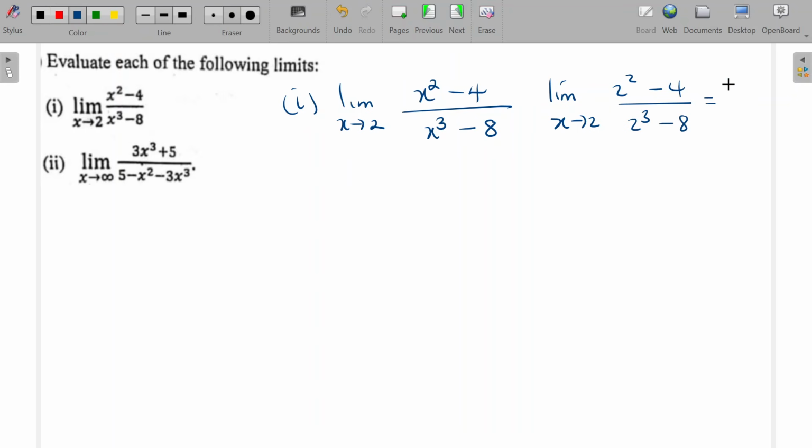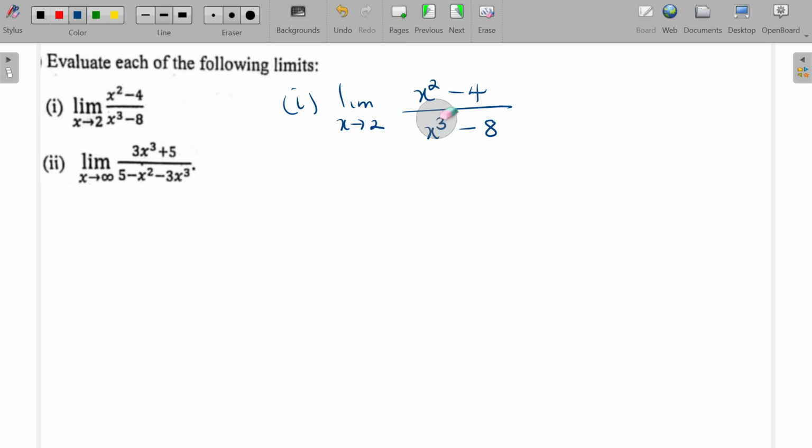And this will give us 4 minus 4 over 8 minus 8, which gives us 0 over 0. Can this be defined? No, this is undefined. So if this is undefined, you need to modify this equation in such a way that you remove every zero that is there.